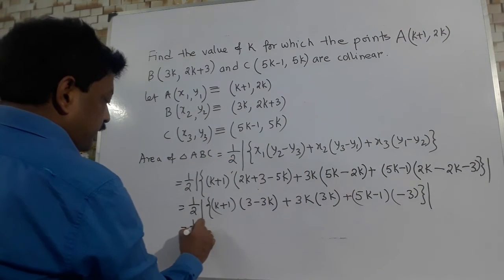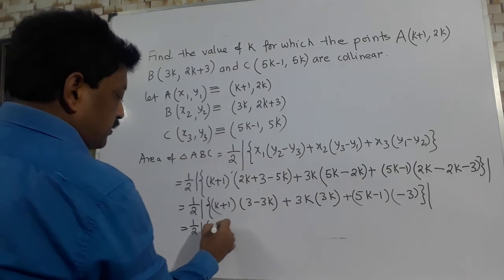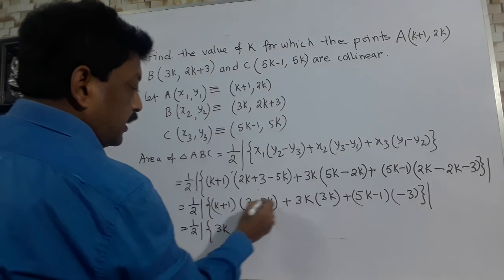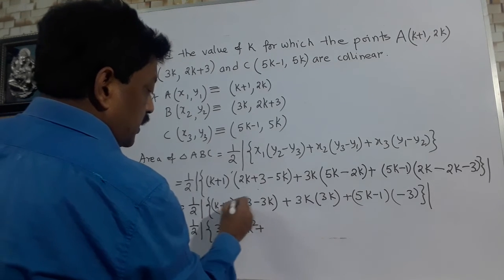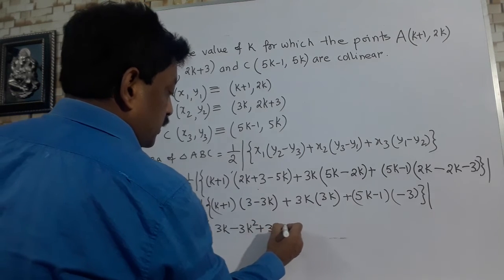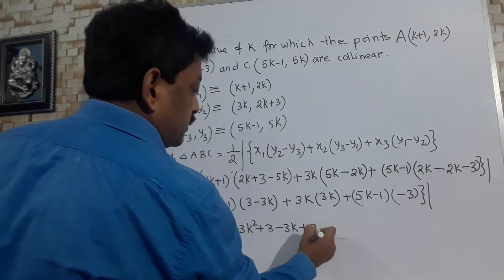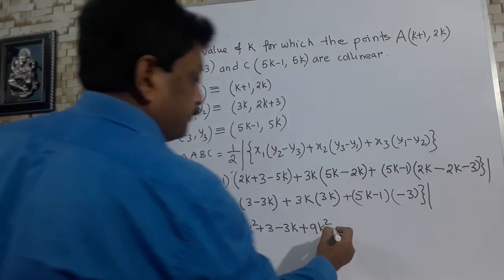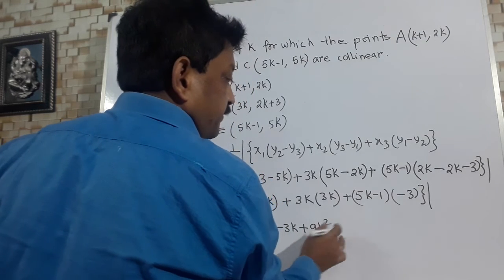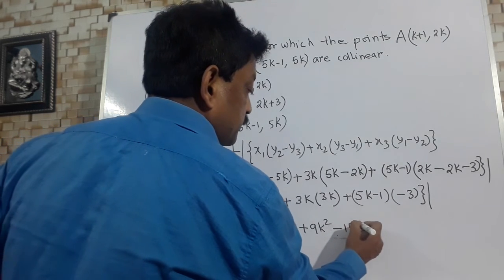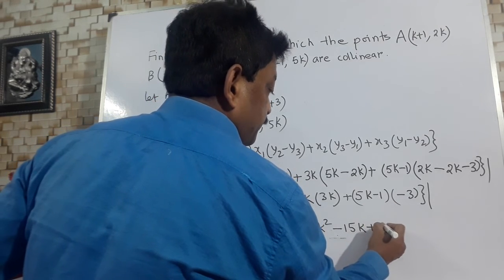By simplifying, we will get k into 3 is 3k, k into minus 3k is minus 3k square, plus 1 into 3 is 3, minus 1 into 3k is minus 3k, plus 3k into 3k is 9k square, plus 5k into minus 3 is minus 15k, and minus 1 into minus 3 is plus 3.